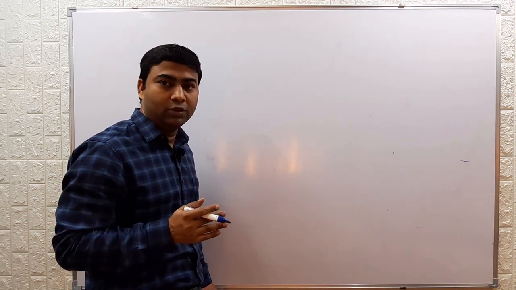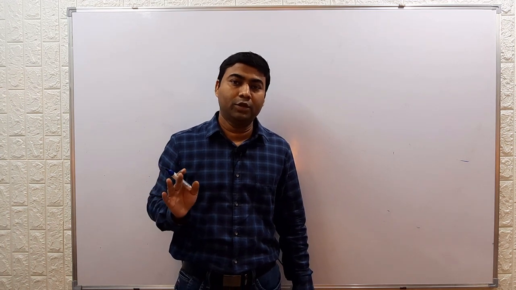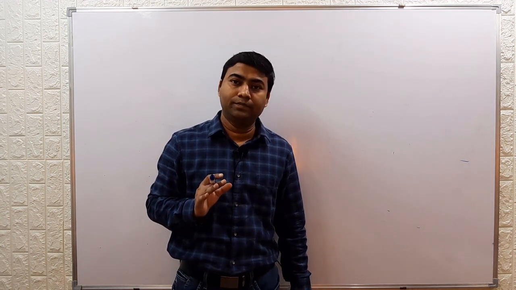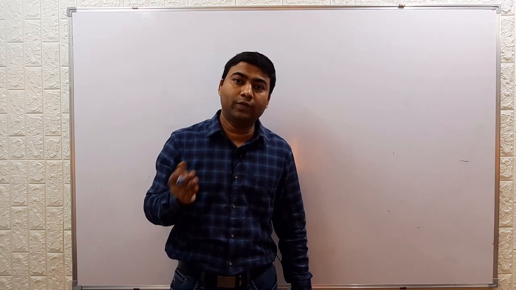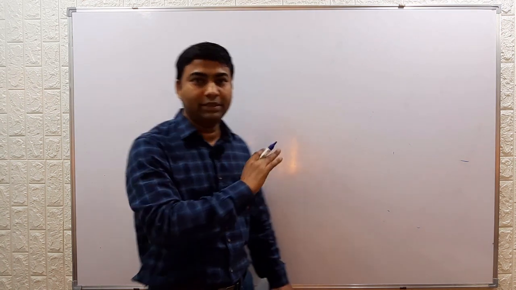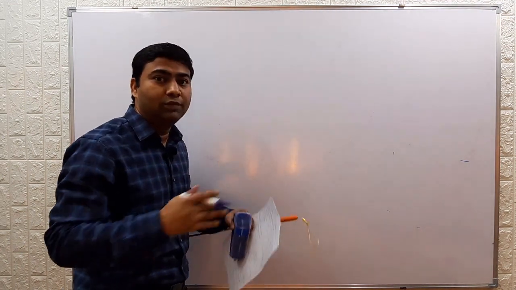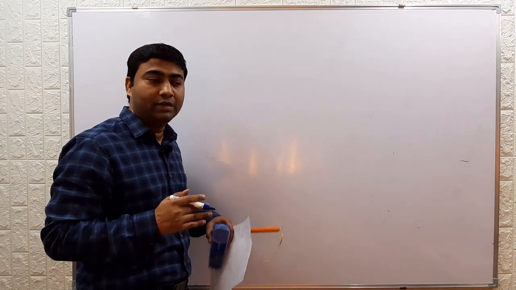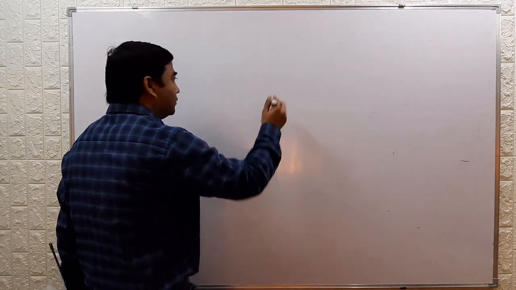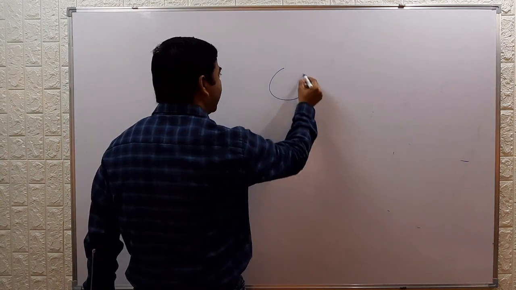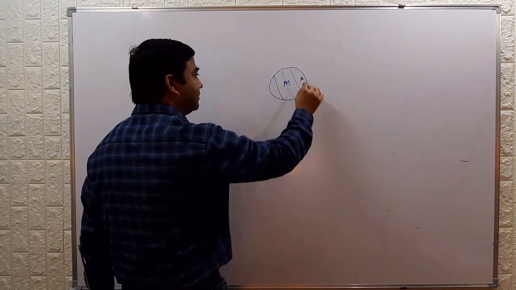It is not frequently used because Newton's law of universal gravitation is enough to find the gravitational field. But we will see how Gauss's law can be written for the gravitational field to understand its universal applicability. So we know Gauss's law; this is a mass m, a solid mass m.